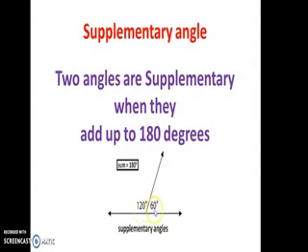If I add these two angles, I will get the sum as 180 degrees, isn't it? Notice that together they make a straight angle, that is 180 degrees. So these angles are supplementary angles.